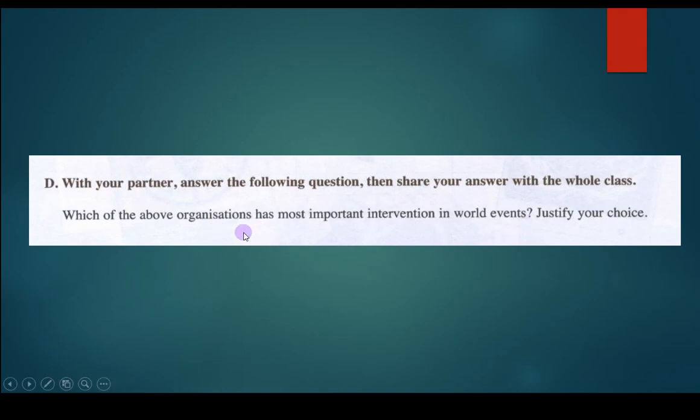يعني شكون هي المنظمات اللي كنا شفنا آنفا، اللي عندها التدخل الأهم أو الأكثر أهمية في الأحداث العالمية.